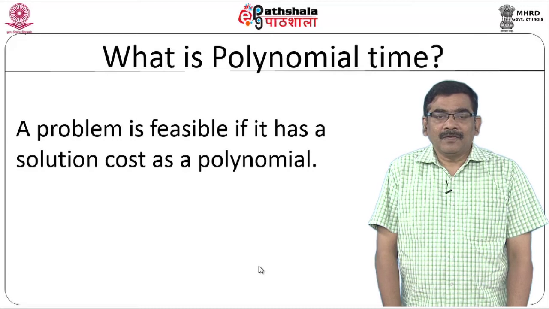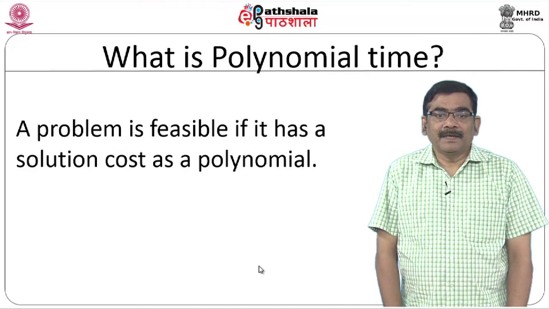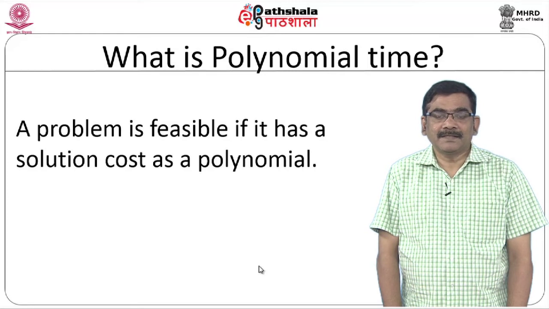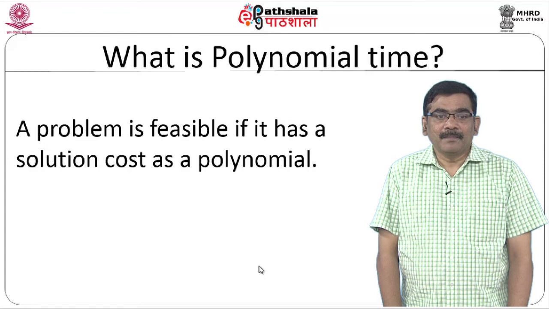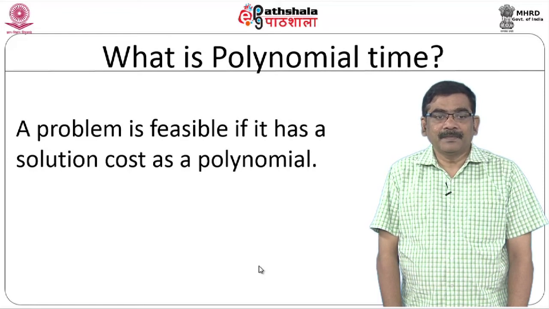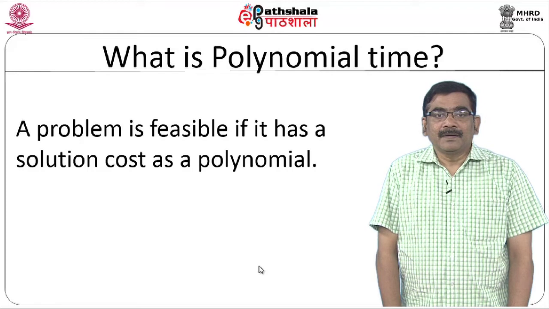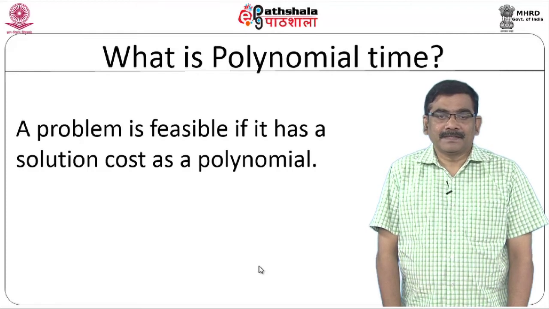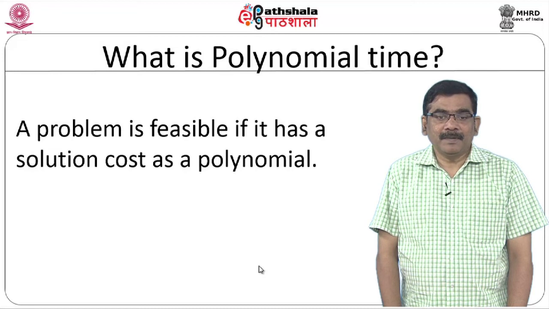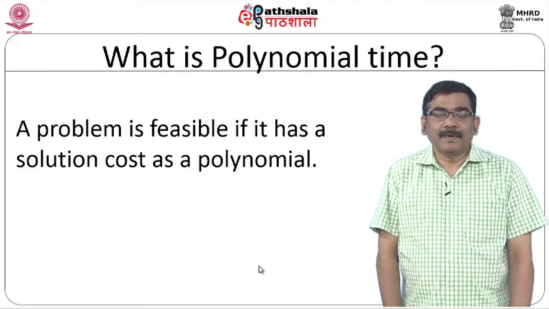So, the key to all of this is polynomial time. In other words, we say that a problem is tractable if there exists an algorithm whose complexity is a polynomial. Polynomial time is going to be the keyword. What is the implication of this? A problem is feasible if its solution cost is represented as a polynomial.